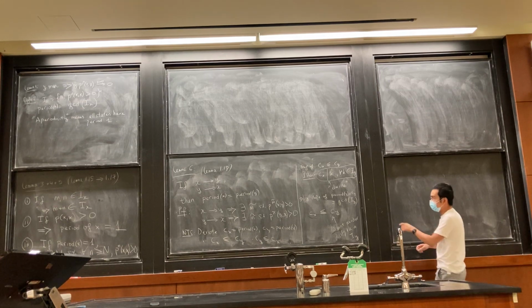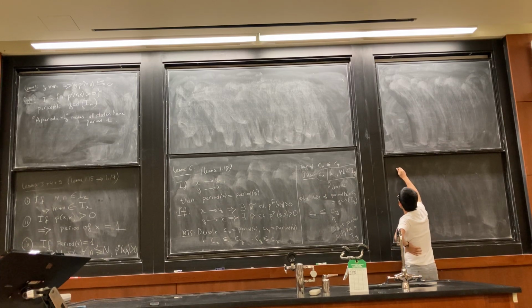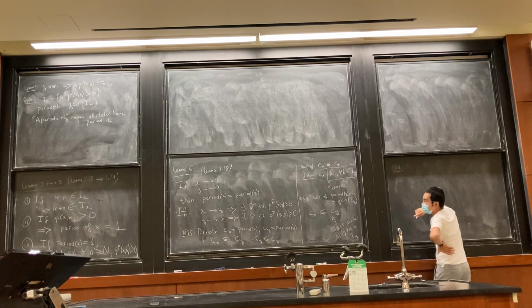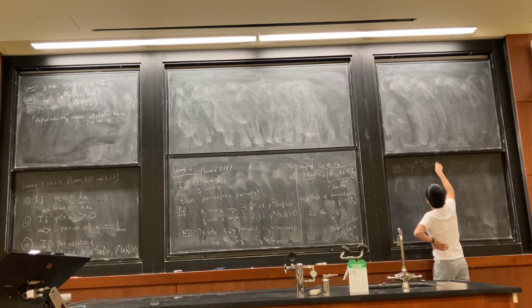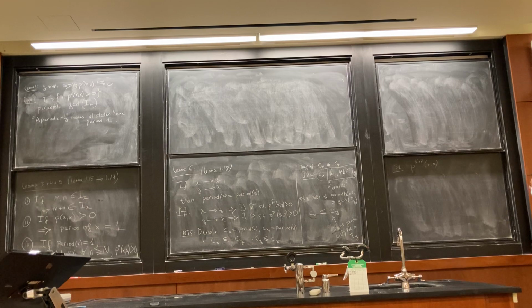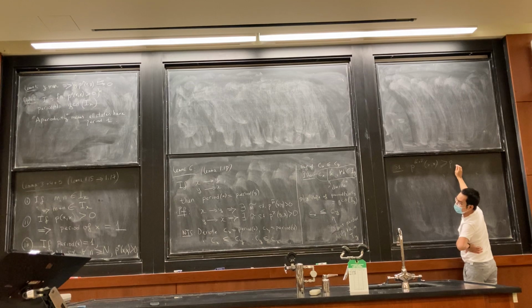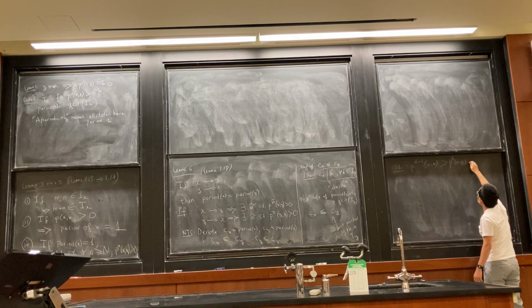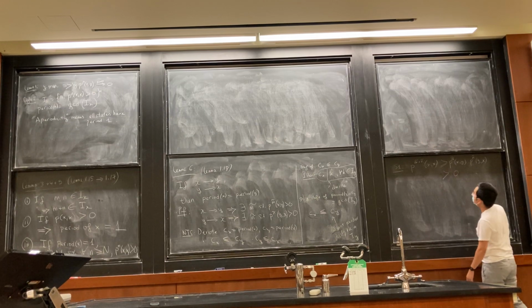So what can I say about n and n twiddle? The first thing I can say is step 1. I can say that p at n plus n twiddle from x to x is positive, because I have a path going from x to y in n steps, and then from y going to x in n twiddle steps, and this is positive.